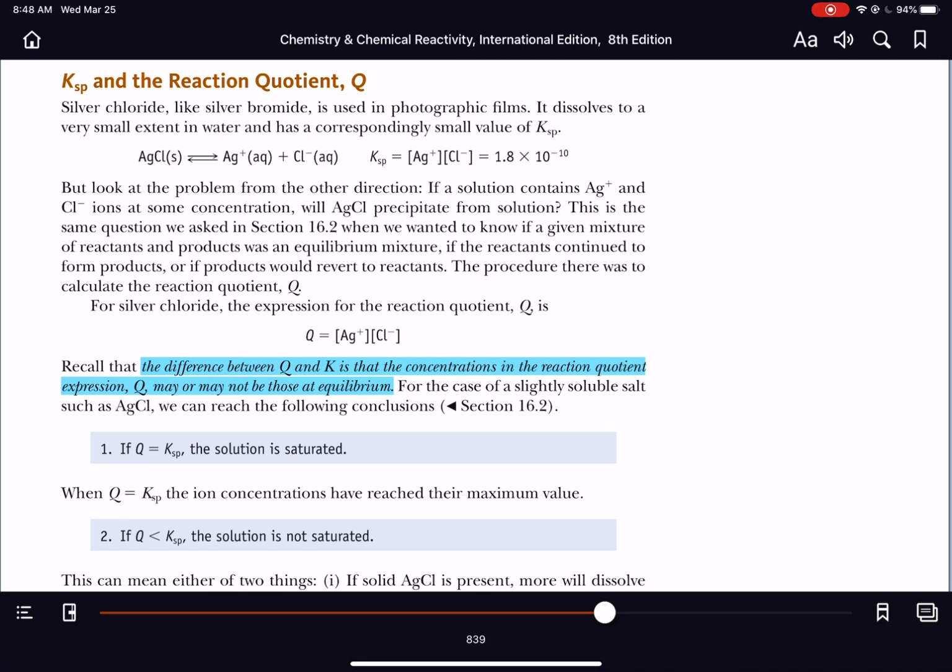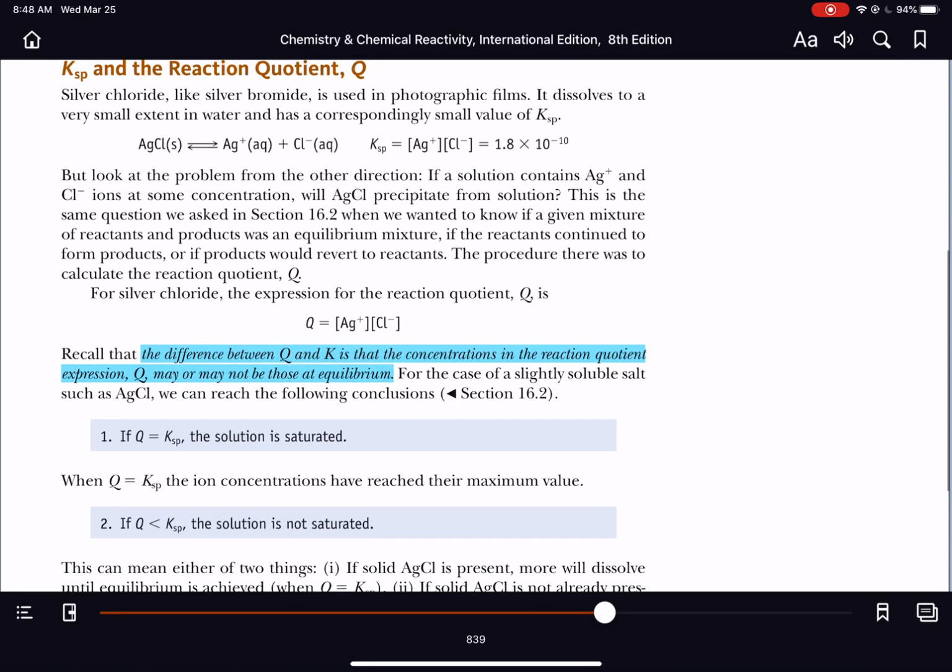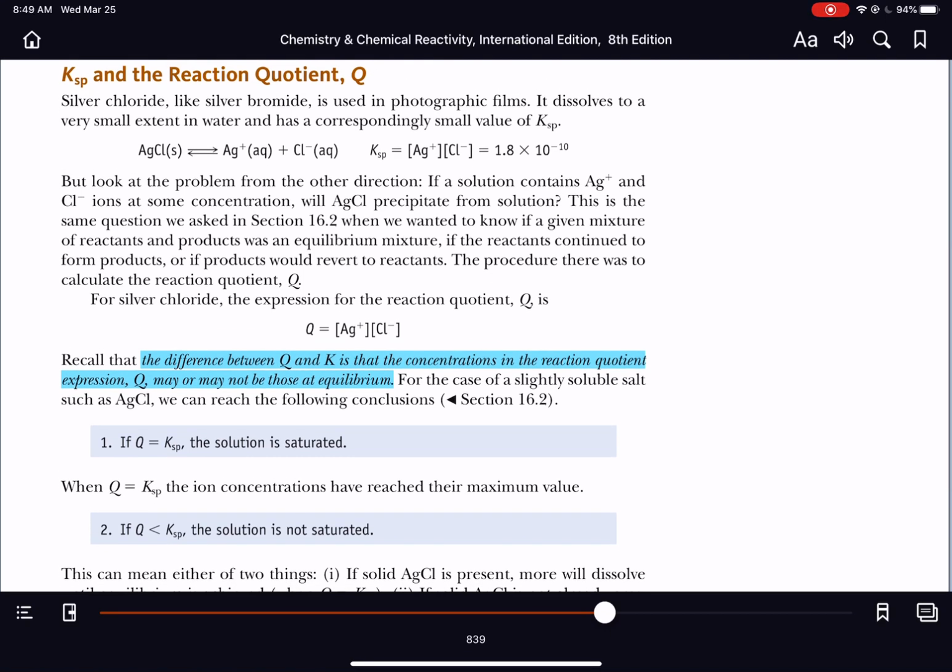When we are given a problem and we have concentrations of cations from one compound and concentration of anions from another compound, and we mix them together, it would be very unusual if the molarities of the cations and anions in solution, when we multiply them together, just happen to be exactly the Ksp.